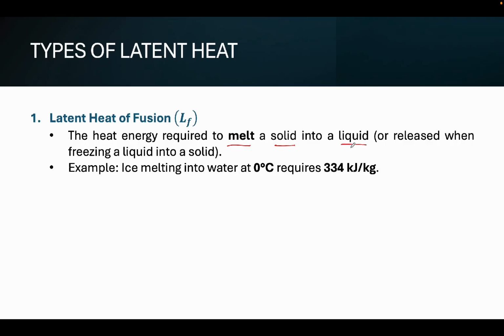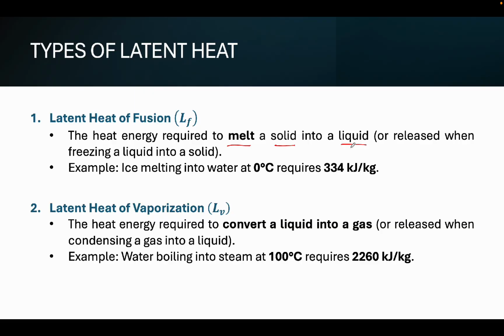So the phase change is from solid to liquid, or it can also be liquid to solid. So it is a reversible process. Okay, so an example for this one is an ice melting into water at 0 degrees Celsius requires 334 kilojoules per kilogram.